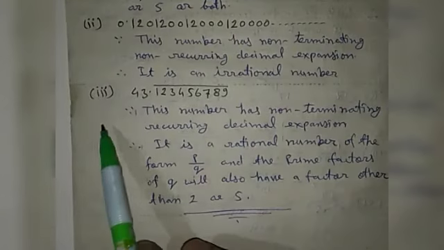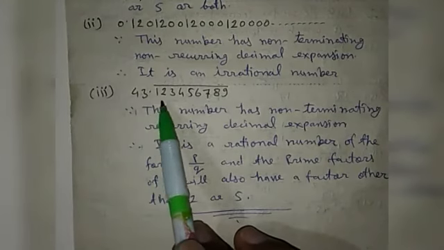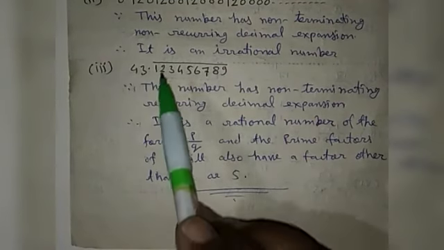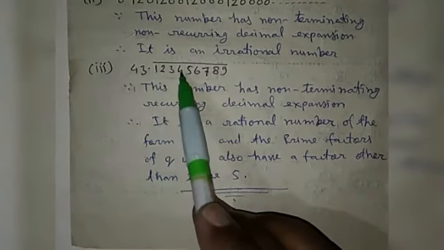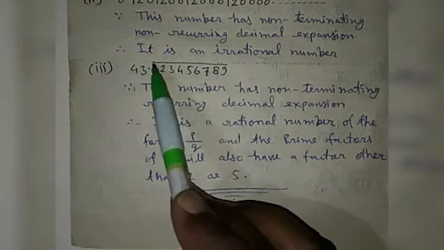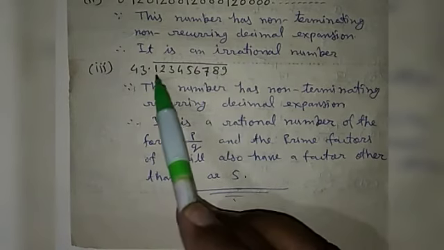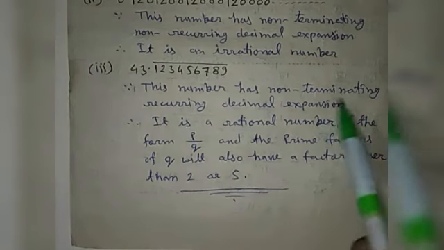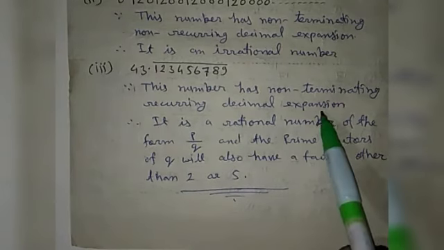In the third part, the number is given as 43.123456789. As you see here, 0.123456789, you have a bar sign on the group of these digits. So this number is a non-terminating and recurring decimal expansion.